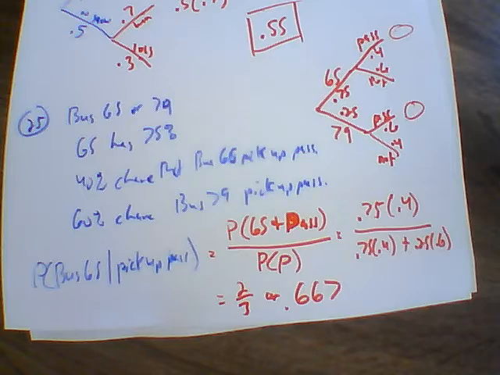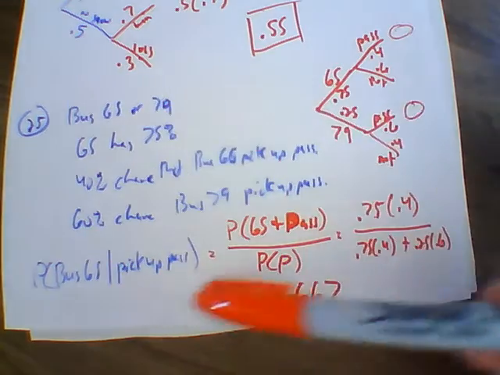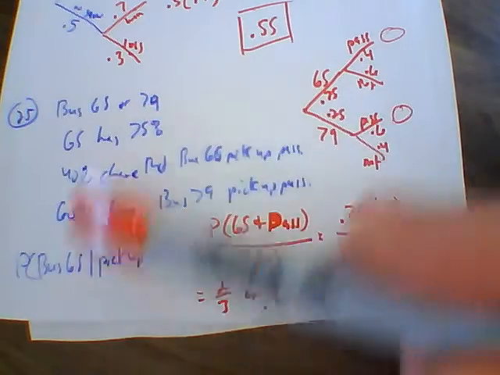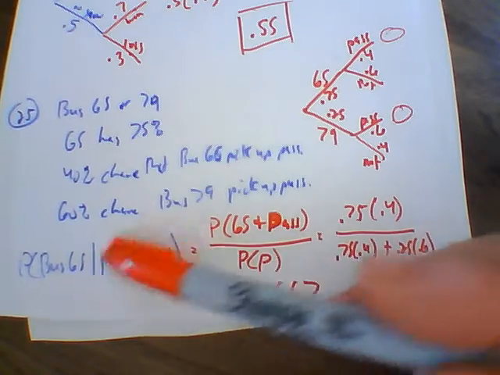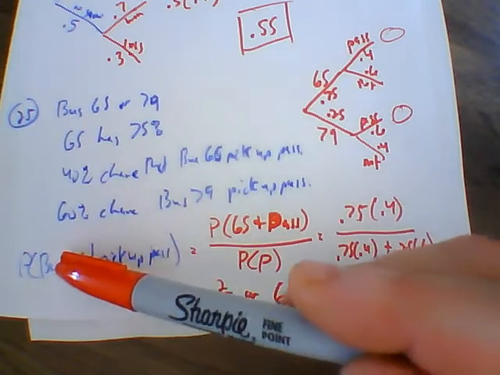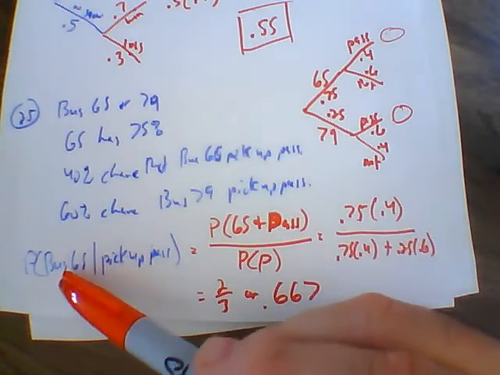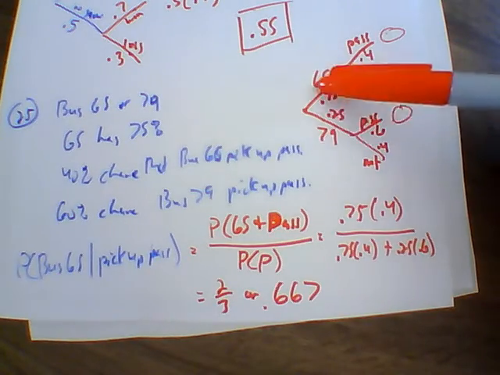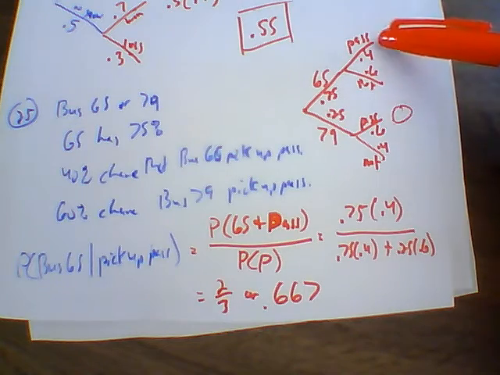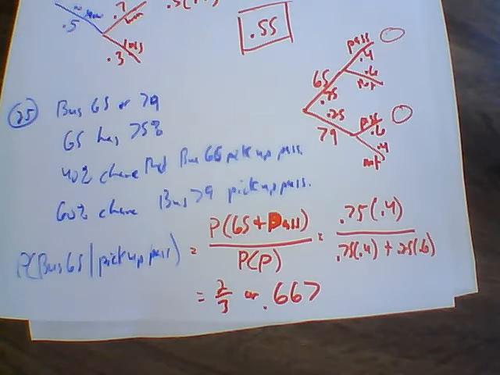Once again, it's kind of relating that whole contingency with that conditional probability that we know we picked up passengers. Now we're trying to track it back to a different event that we're relating to. Once again, this bus 65, it breaks up into this, and then, oh, here's our passengers that we start relating to. So this is one of the ways we can start working with it. Do realize this is probably one of the more complicated things in our probability that we will be doing. So good luck.